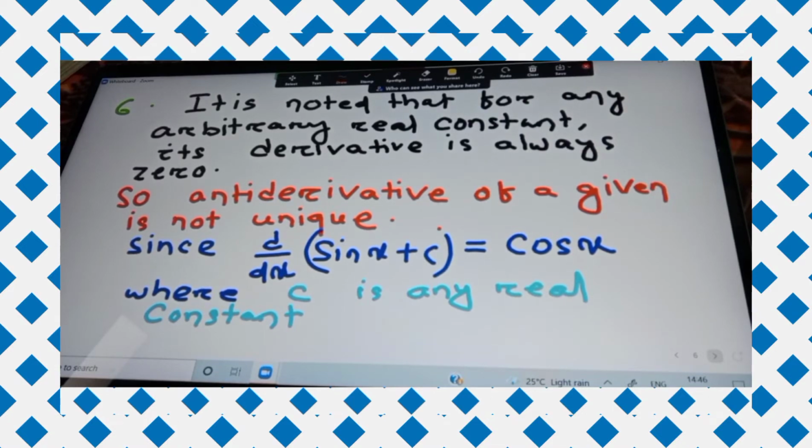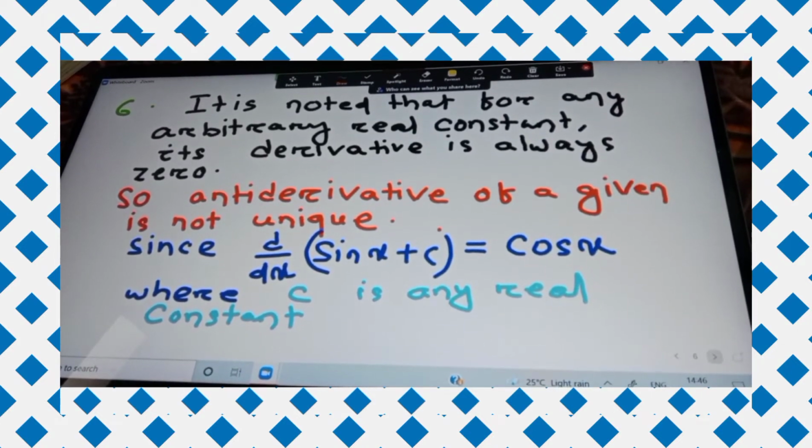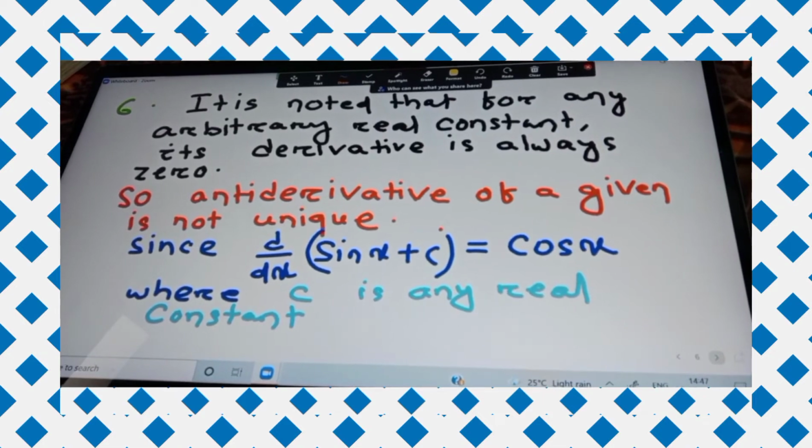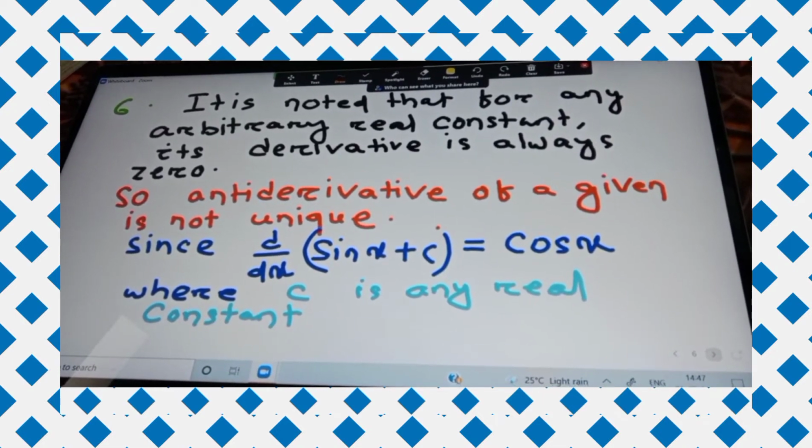Because the derivative of sin x plus c is also cos x, where c is any arbitrary real constant. If you take any real number in place of c, the derivative of sin x plus c is cos x, because the derivative of the constant is 0. It is clearly understood that the antiderivative of a given function is not unique.